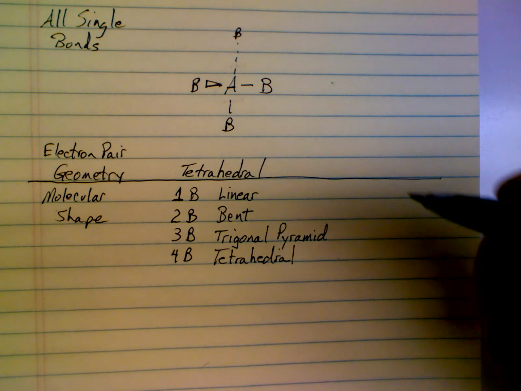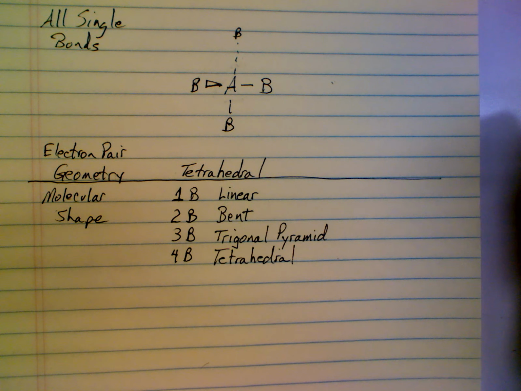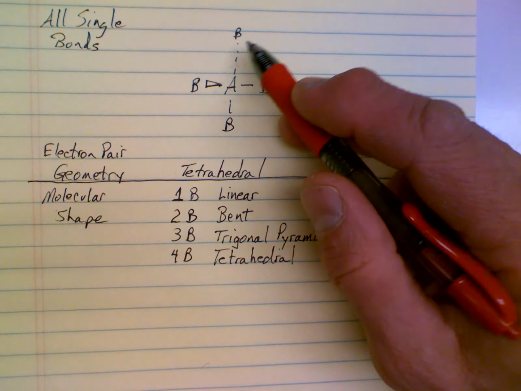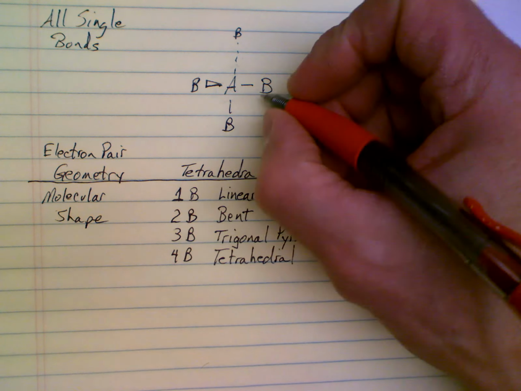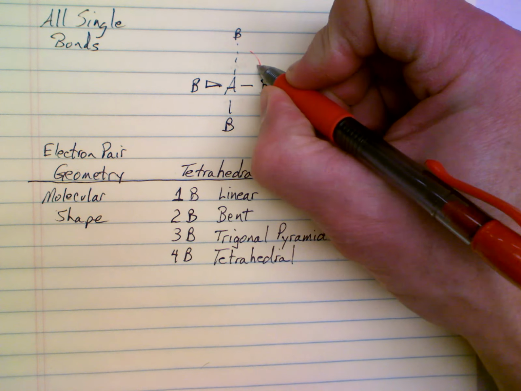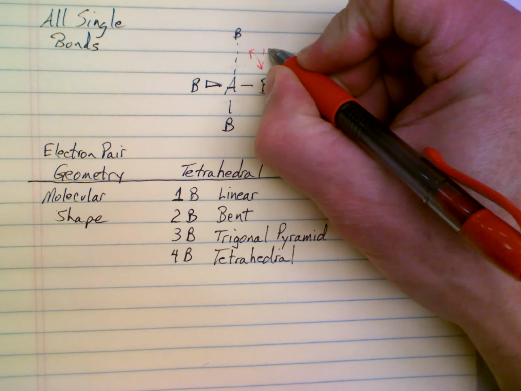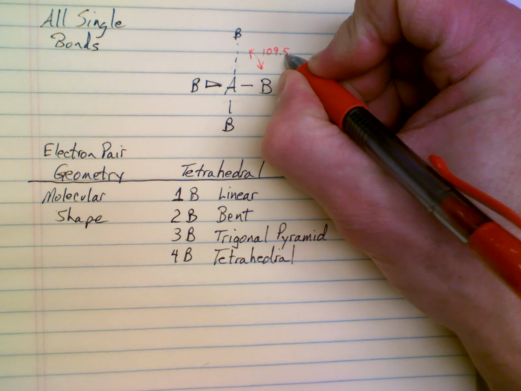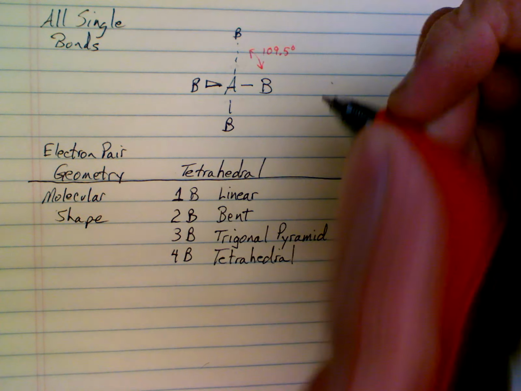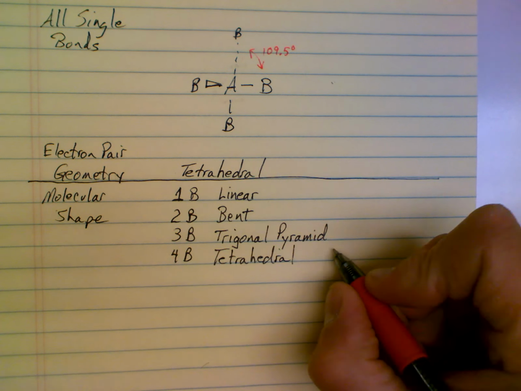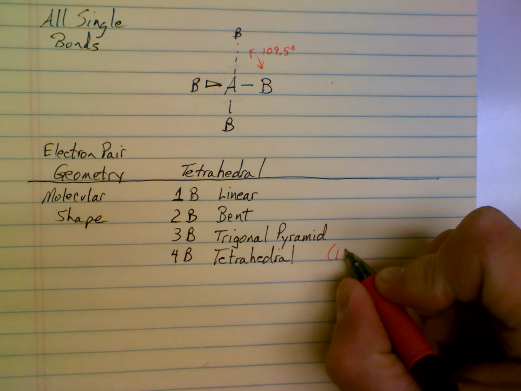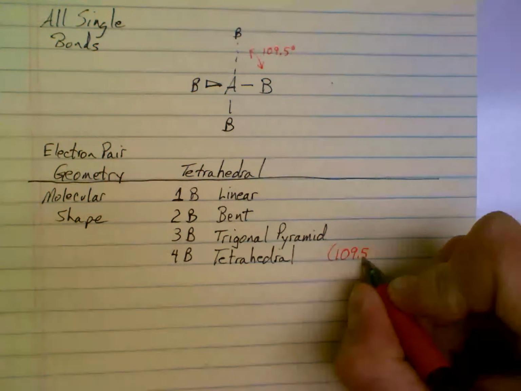Well, when we consider the bond angles, when you're looking at all four of these, the bond angle here is going to be 109.5 degrees. Okay, so when all of them are occupied, it's going to be 109.5 degrees.